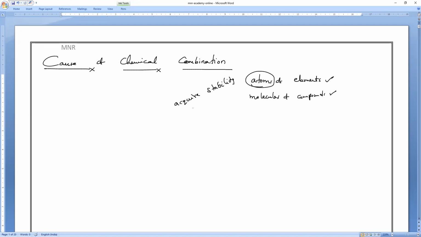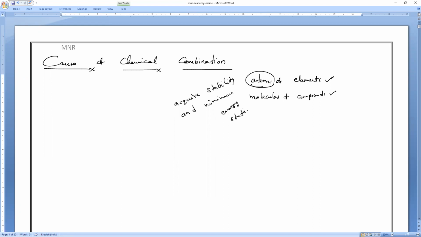And the main thing is they should stay at minimum energy, meaning they should not lose energy through instability. So when atoms of elements do not have stability, they will always lose more energy.